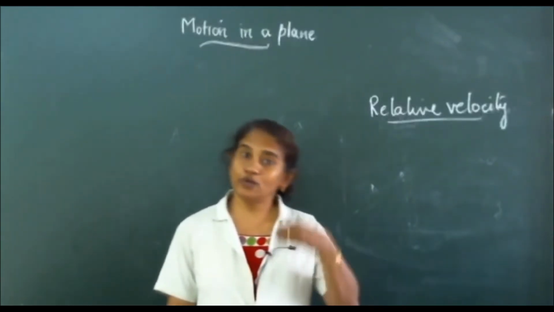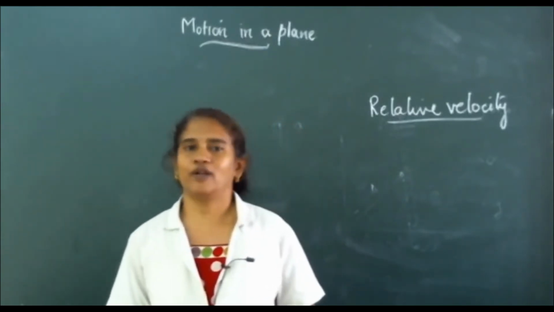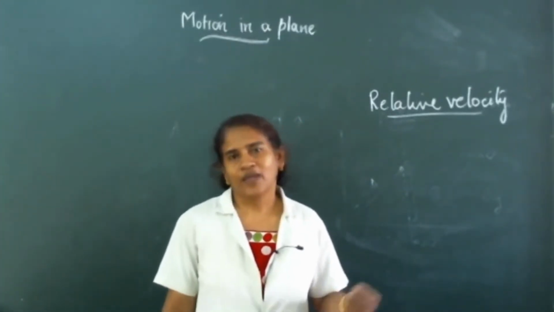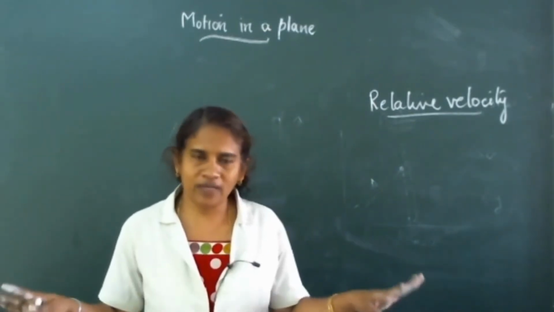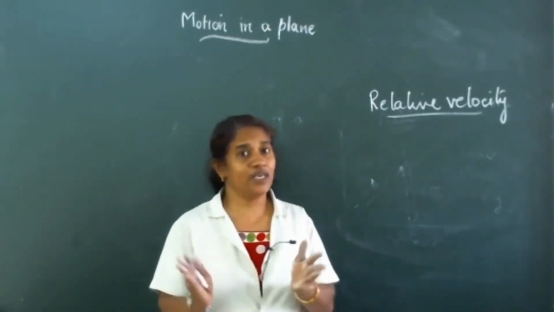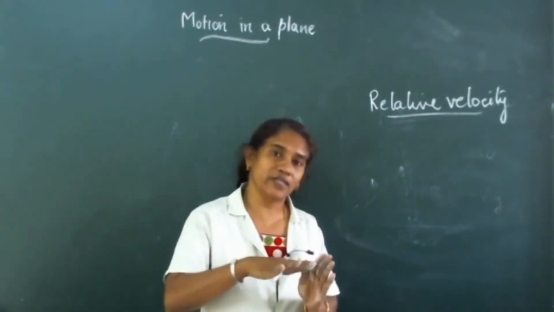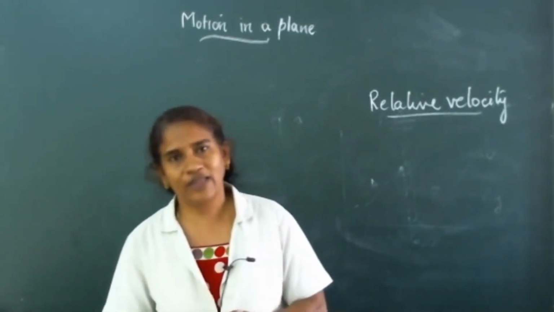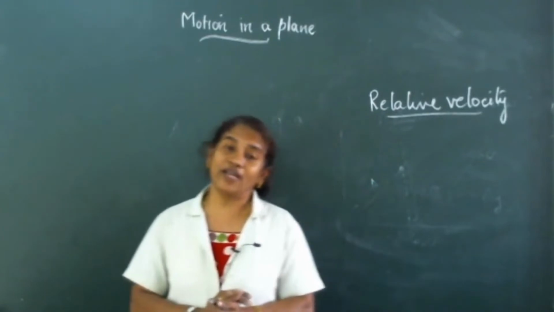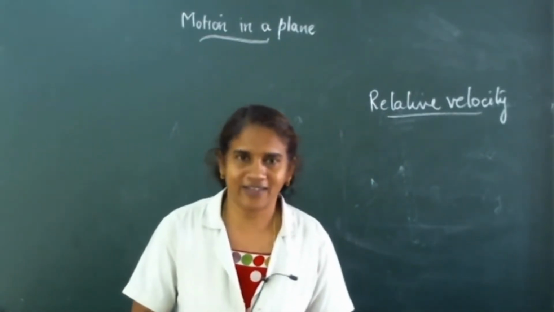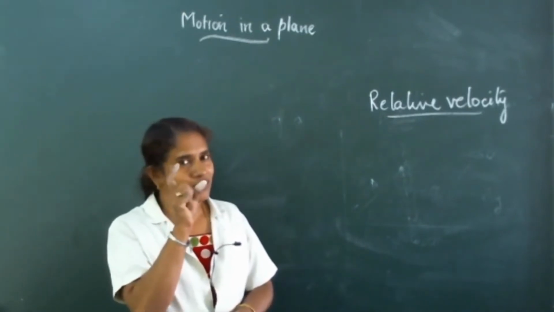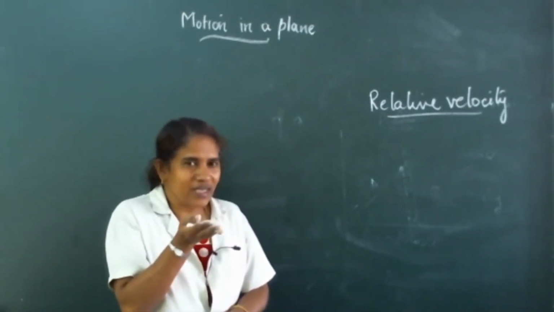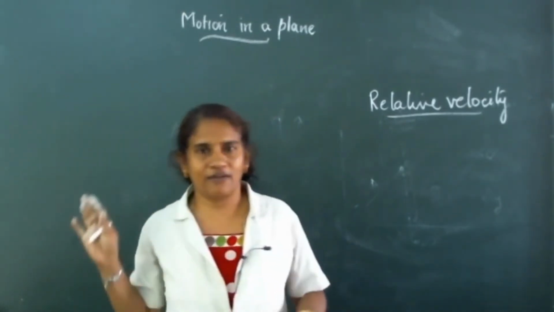Now we are moving to the next topic, relative velocity. The vector part is over. Relative velocity is also calculated using vector addition and all. Before that we should know what relative velocity is. The word relative means one is explained with respect to the other one.